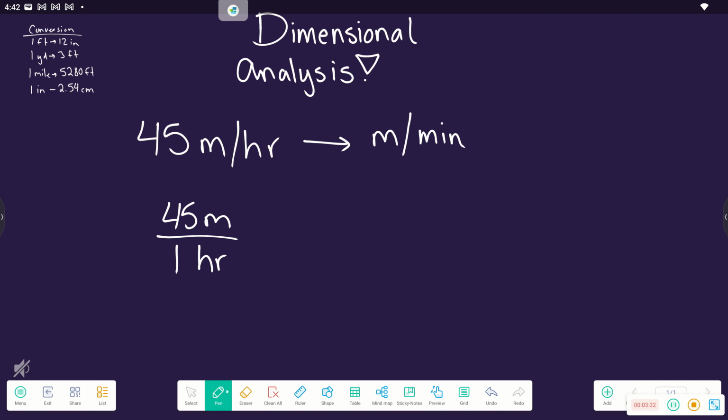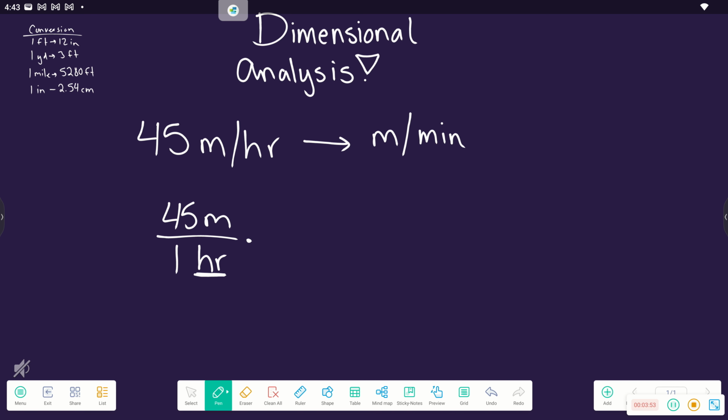Now I know the thing that I want to change is this hours. Specifically, I want to change hours to minutes. So I have to think about, well, I know that there's 60 minutes in an hour. I am going to organize that so that my hours will cancel out, so they have to be on a diagonal.